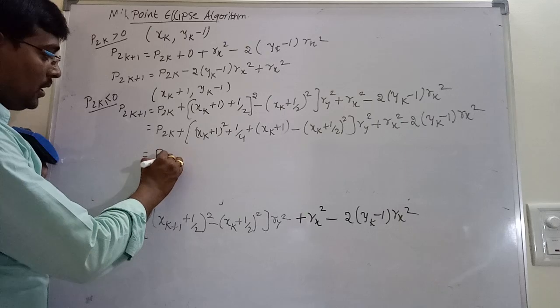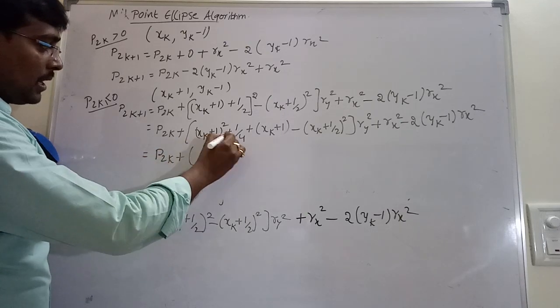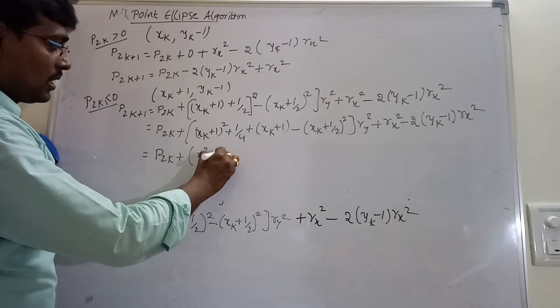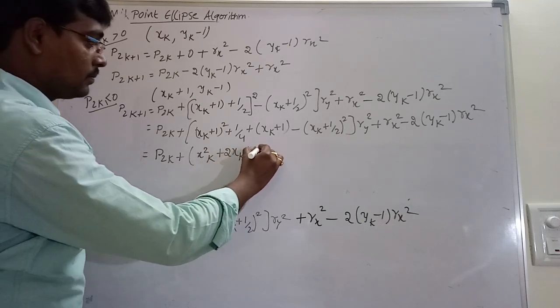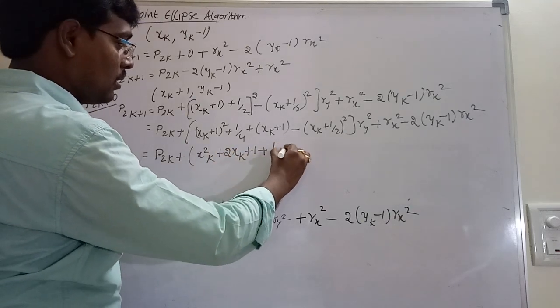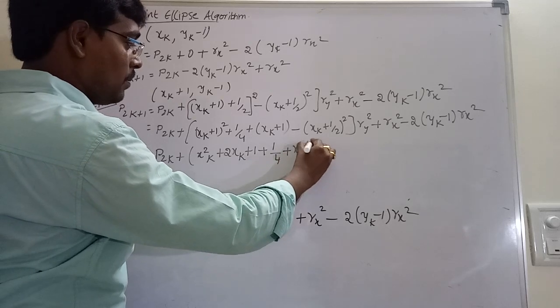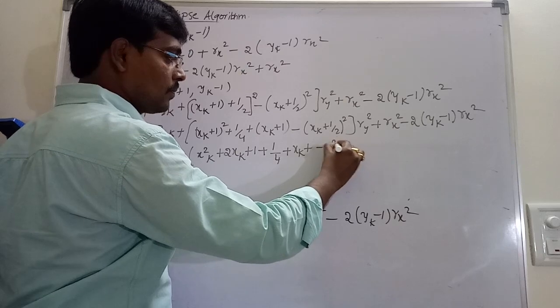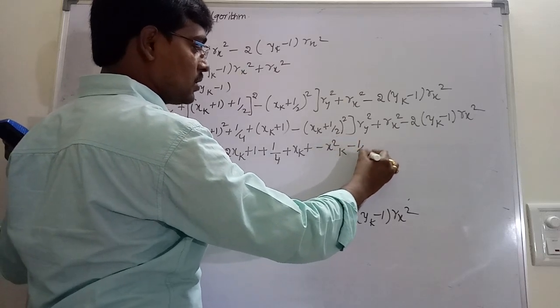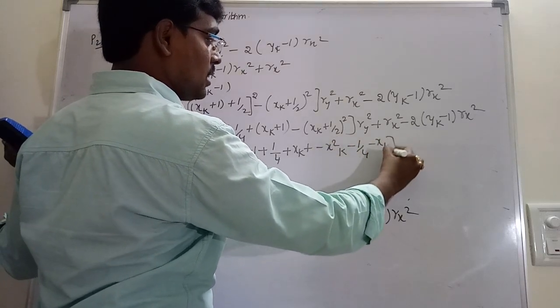Again expand: x square k plus 2 into xk plus 1 plus 1 by 4 plus xk plus 1 minus x square k minus 1 by 4 minus xk.